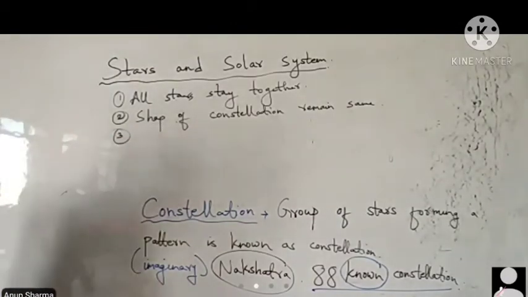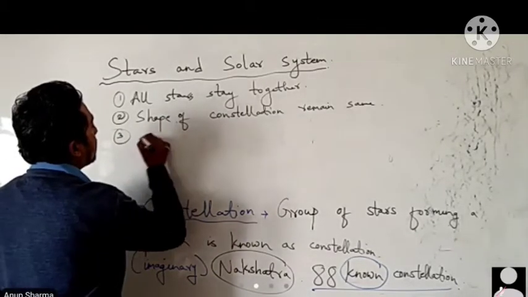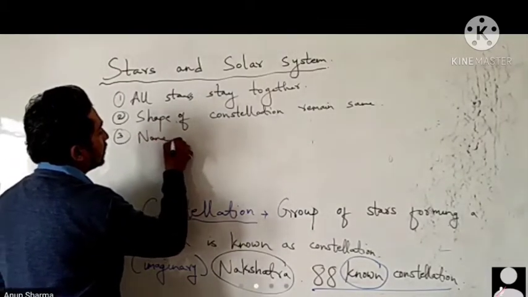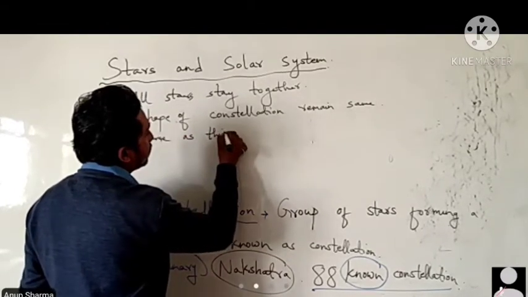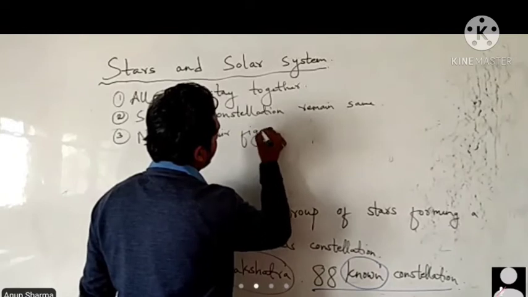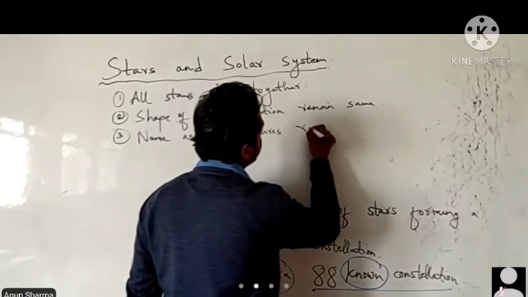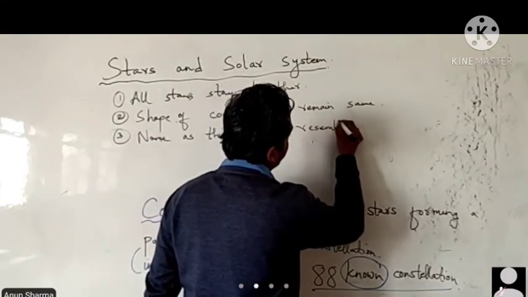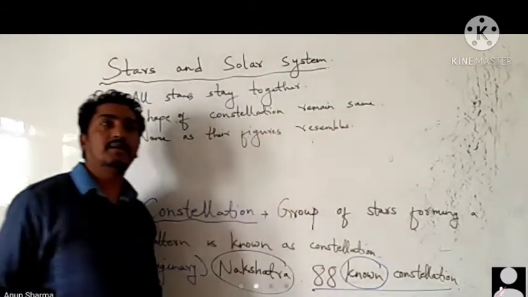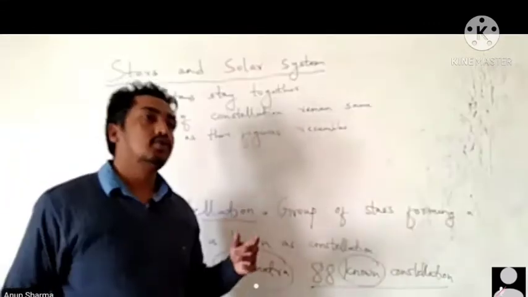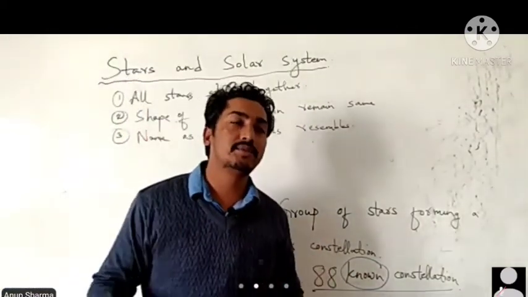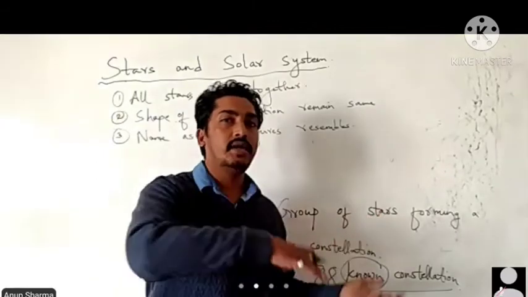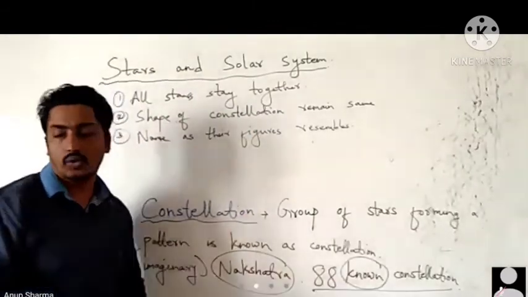Number three, constellations are named after the figures they resemble. For example, if it resembles a human being, then it is named according to the human being, or if it resembles an animal, it is named that way.